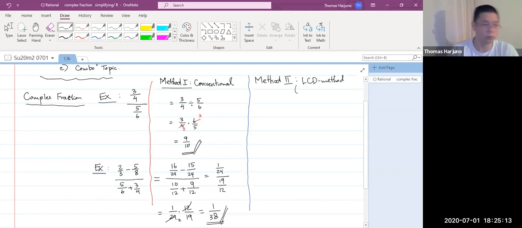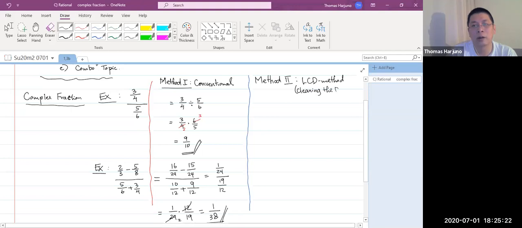Other textbooks, maybe our textbook, call that clearing the denominator. Now, what it does is as follows.